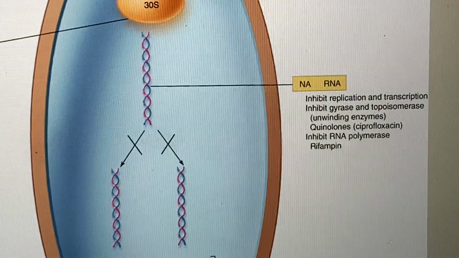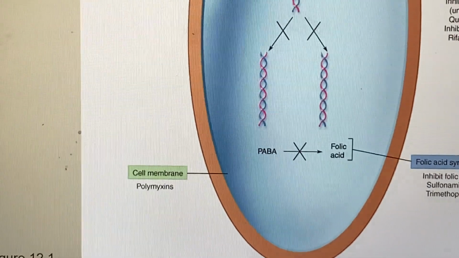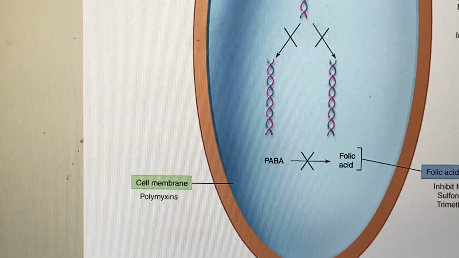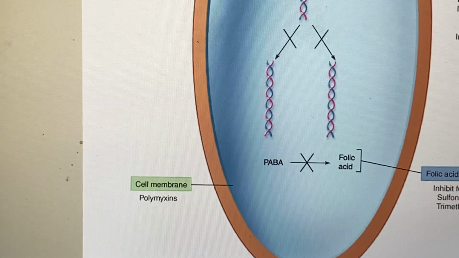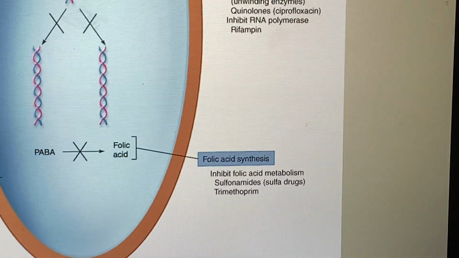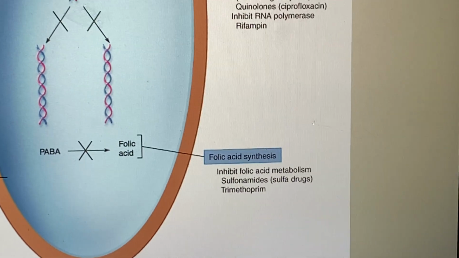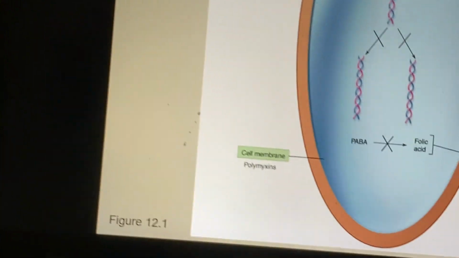Quinolones, you may have heard of that. That's acting on DNA replication. Polymyxins act on the cell membrane. Polymyxins tend to be drugs that go on your skin, so they're not taken internally. And then finally, sulfa drugs, and that's where we're talking about folic acid synthesis.